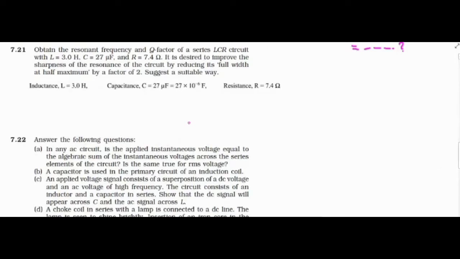Obtain the resonant frequency and Q factor of the LCR circuit. Values of L, C and R are given. The resonant frequency formula is omega naught is equal to 1 by root LC, so it can be calculated. The quality factor Q is equal to omega naught L by R. All values are given, so you can calculate.